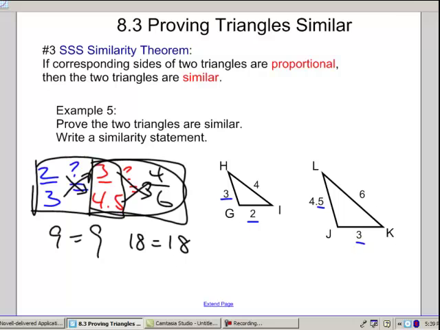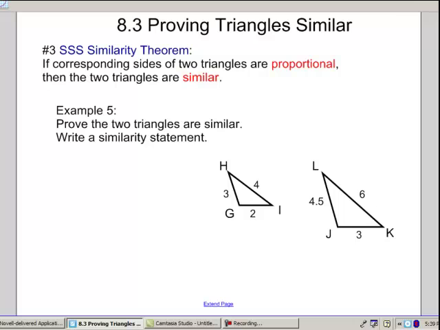These are proportional. Well, clearly, if the first two are proportional and the second and third are proportional, then the first and the third have to be proportional also. It's pretty easy to see that 2/3 is equal to 4/6, so those sides are proportional also. All three corresponding sides are proportional. That means that these two triangles are similar.